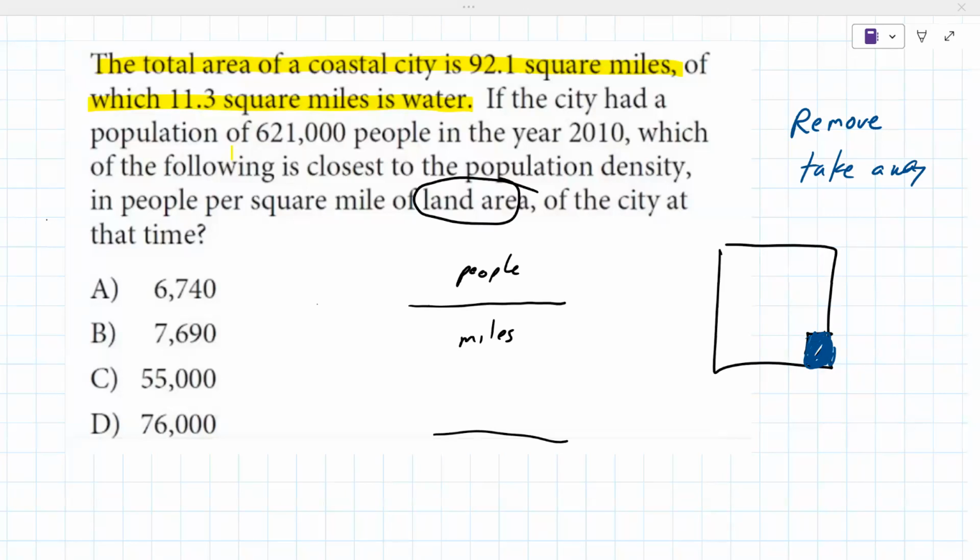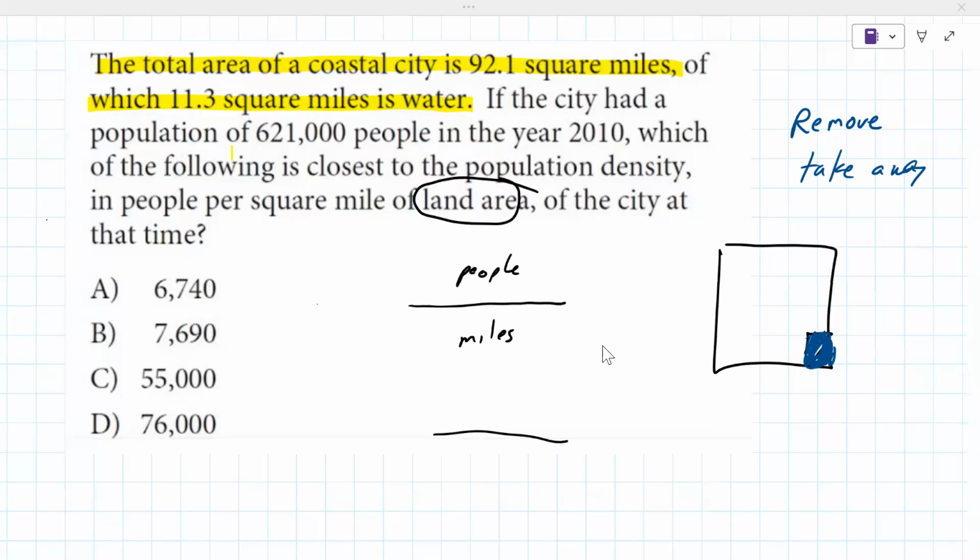You have an answer for me? I'm getting there. 80.8.